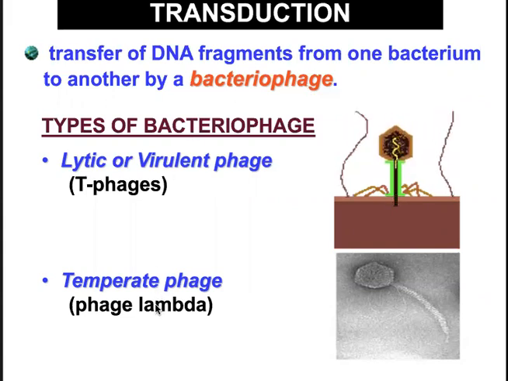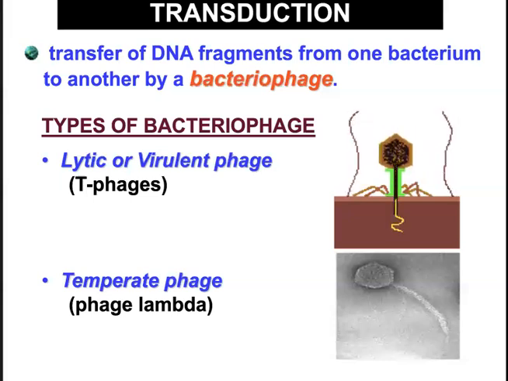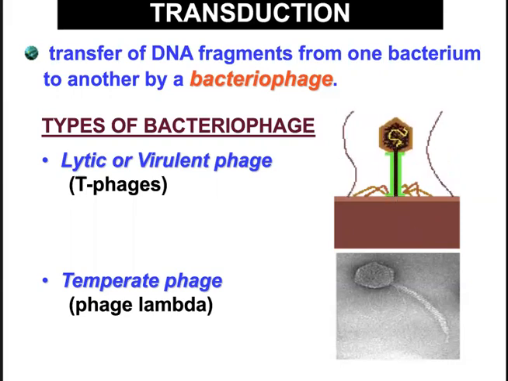Now, the temperate phage or the phage lambda undergoes replication through the lysogenic cycle. This type of replication involves the incorporation of the viral genome into the host cell genome, creating the so-called prophage.